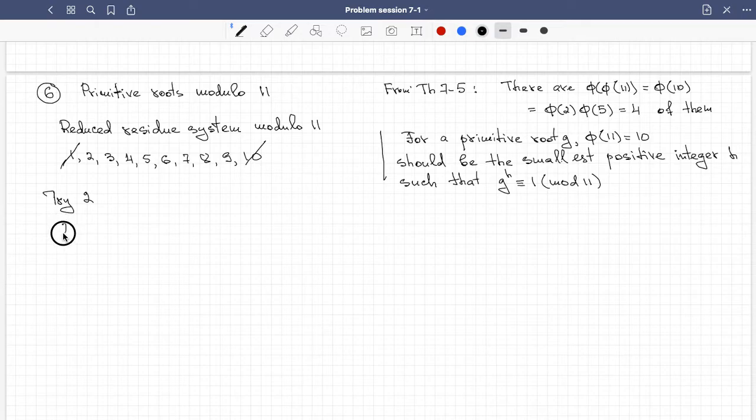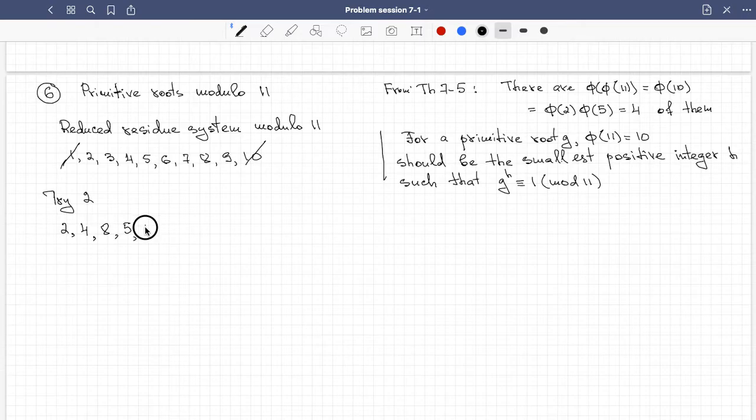So 2, 4, and 2 times 2 is 4. 4 times 2 is 8. 8 times 2 is 16 modulo 11, 5.